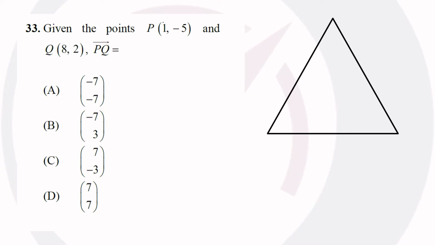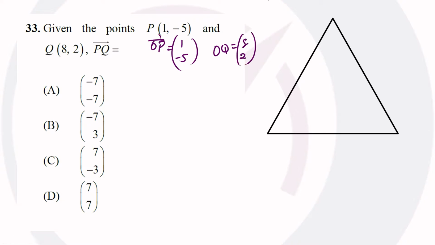Alright, this one says, given the points P and Q, then PQ is what? Normally when you're given regular coordinates like this, we assume that we can represent them as position vectors. So we can write OP is equal to 1, negative 5, and OQ is equal to 8, 2.